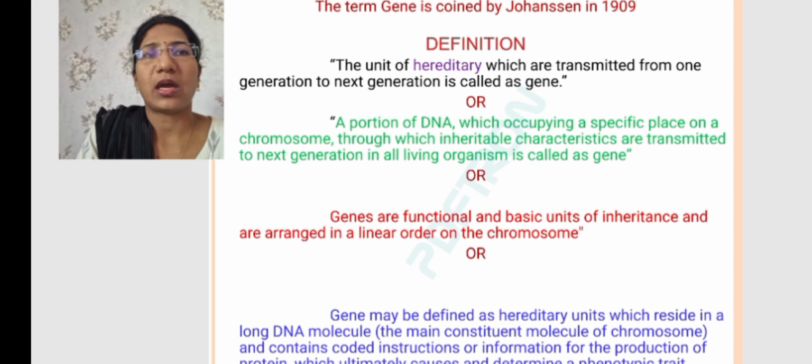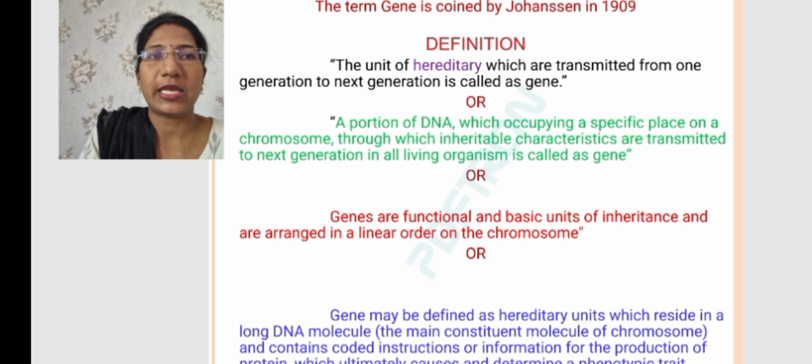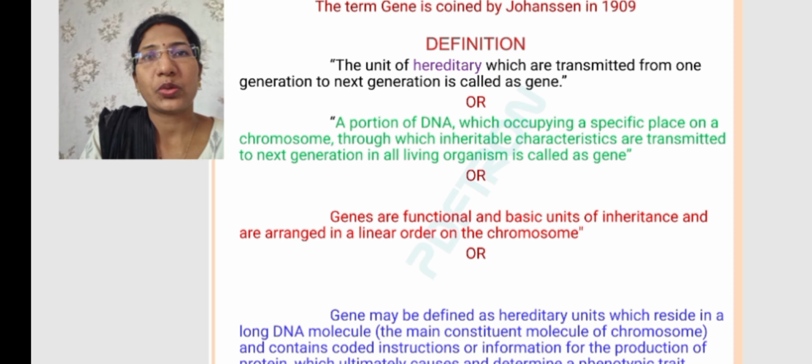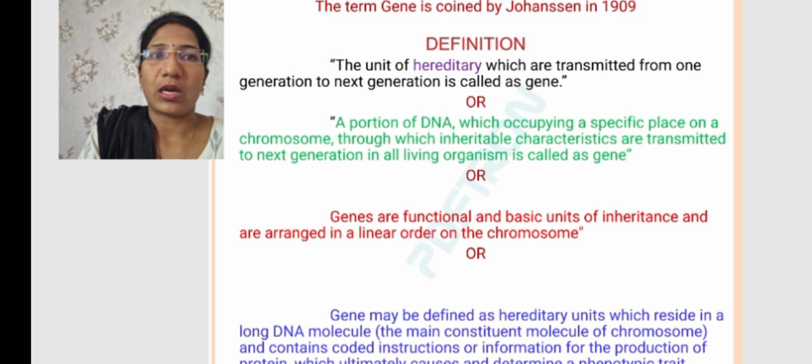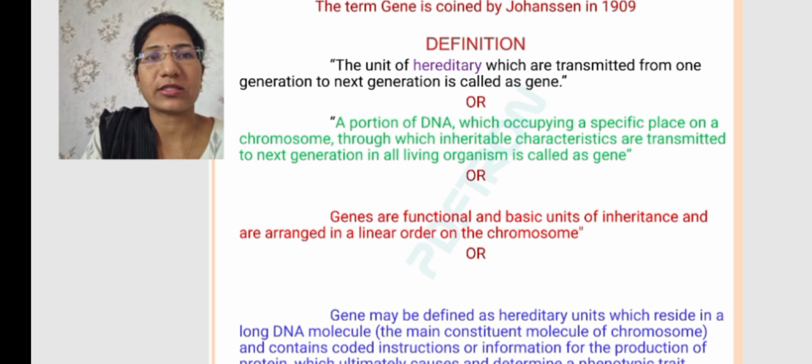Then another definition of gene: a portion of DNA occupying a specific place on a chromosome through which inheritable characteristics are transmitted to the next generation in all living organisms is called a gene. So you can write down another definition, that gene is the functional and basic unit of inheritance, and these are arranged in a linear order on the chromosome.